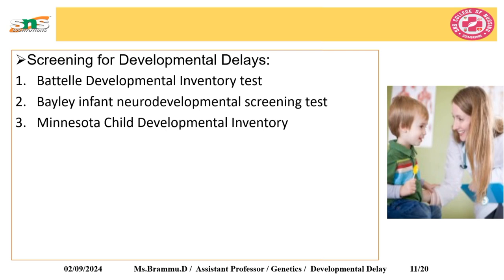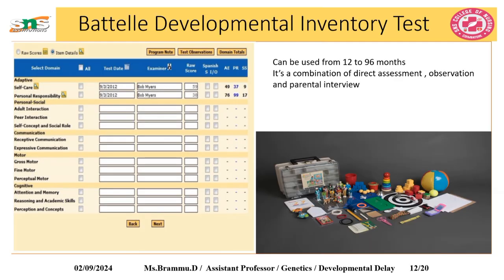So the first would be the Battelle Developmental Inventory Test. In this picture, you can see that it is composed of many minute objects, with some creativity, to identify whether they have good fine motor or gross motor function intact.